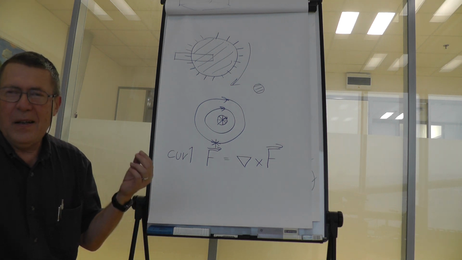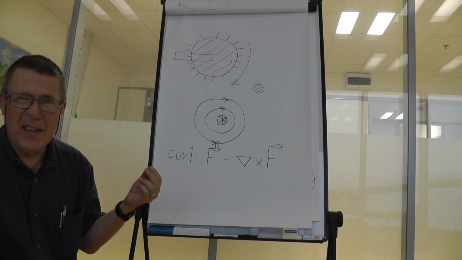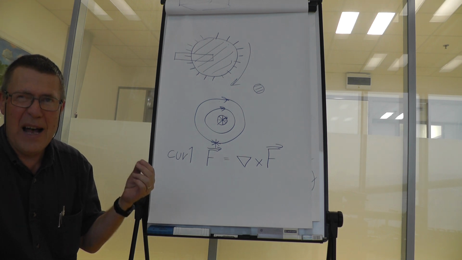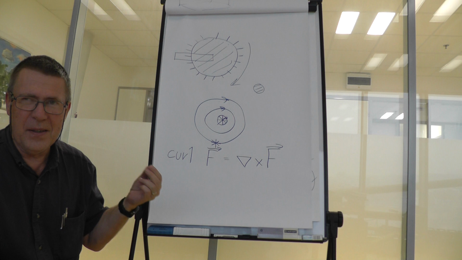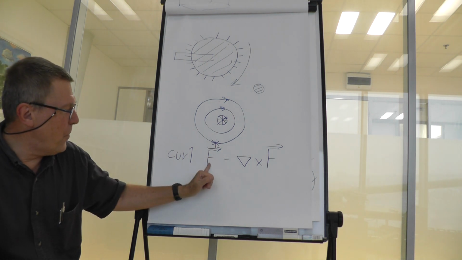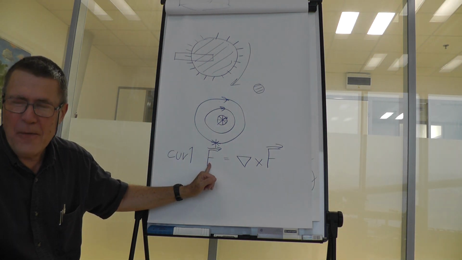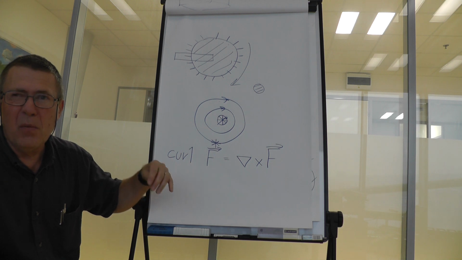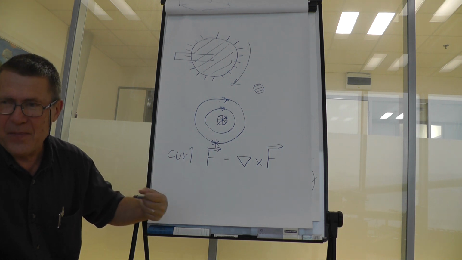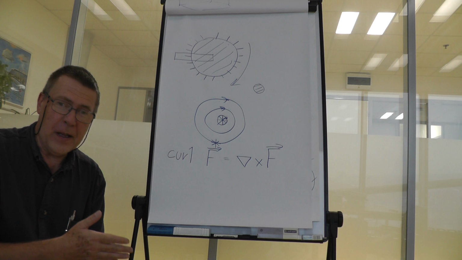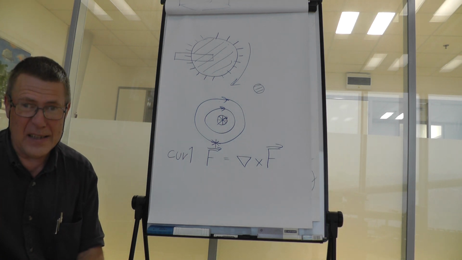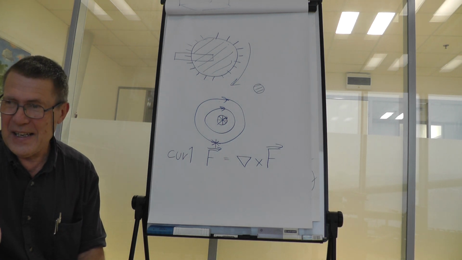So there is a quantity that tells you how able the field of a vector function f is to rotate things. Different fields will be able to rotate or manipulate different objects.